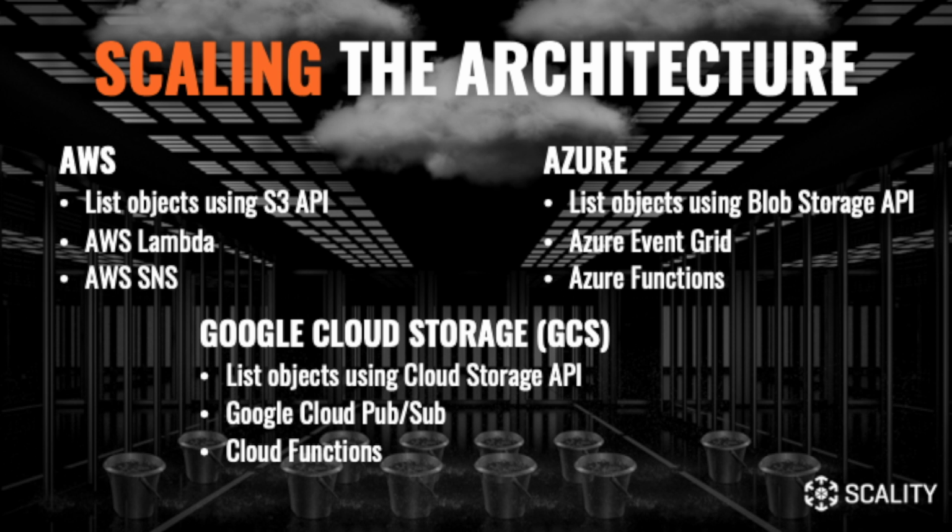Google Cloud Storage has its own Cloud Storage API to list objects. AWS has Lambda, Azure has Azure Functions, Google Cloud has Cloud Functions. There's SNS, Event Grid, Cloud Pub/Sub. So we were able to homogenize an architecture that we can apply to different public clouds and essentially offer a seamless integration of namespace.